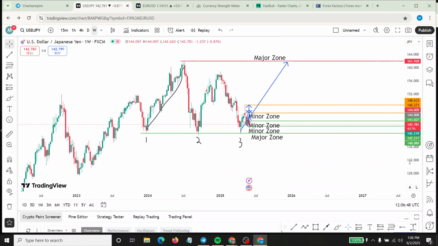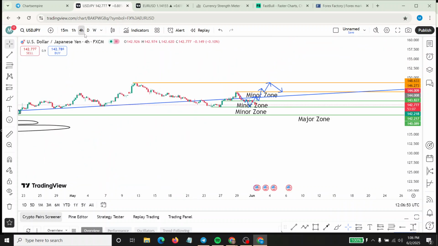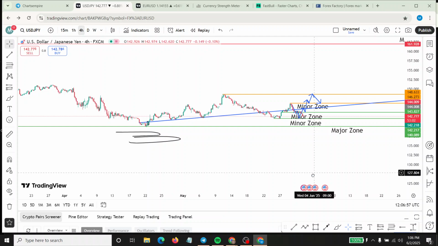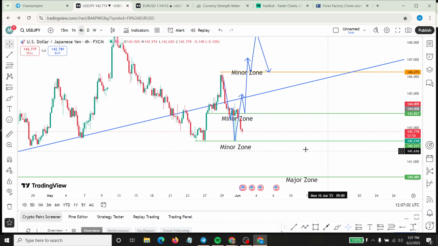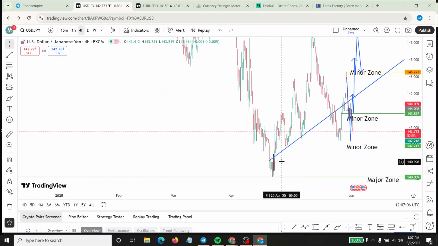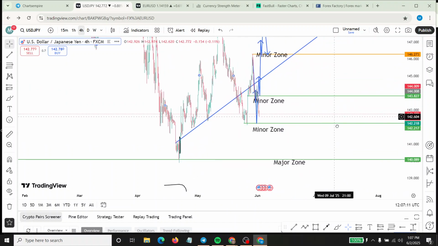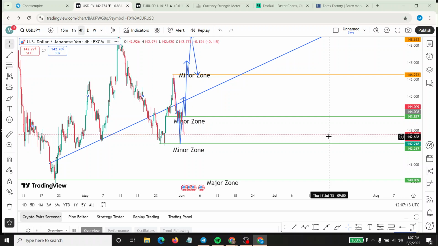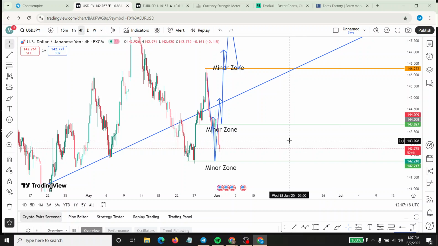Now with this weekly chart, if we go to the lower time frame under the weekly, the 4 hour, using our major zone and the obvious touches we've had, we can see the market gave us some minor zones, and we'll be able to see all these minor zones if we still go lower.